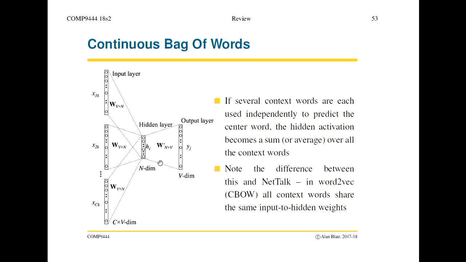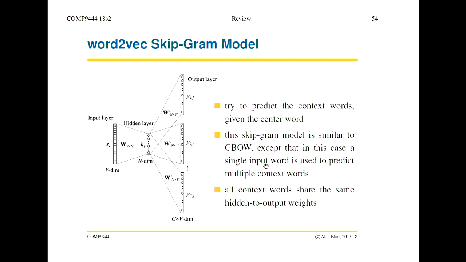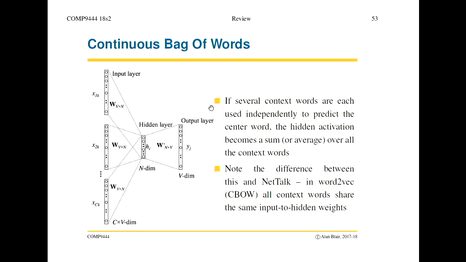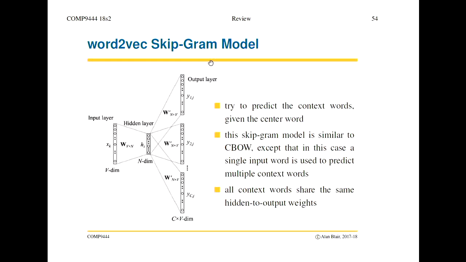You had a 1-in-n encoding at the input, and then this hidden layer effectively became the word embedding, and it's meant to predict what words are likely to occur within the context of other words, and we saw how this can be applied in 2 different ways, the skip-gram model and the bag of words model.